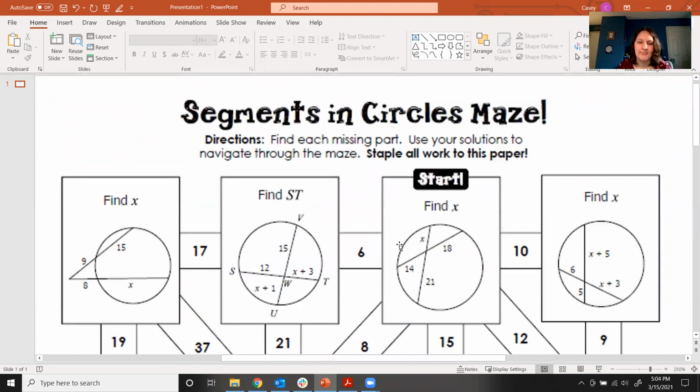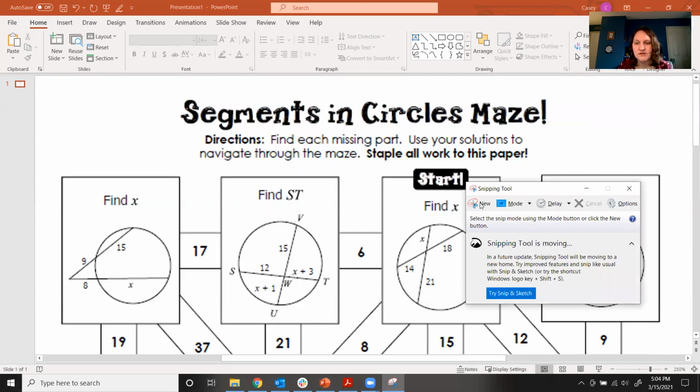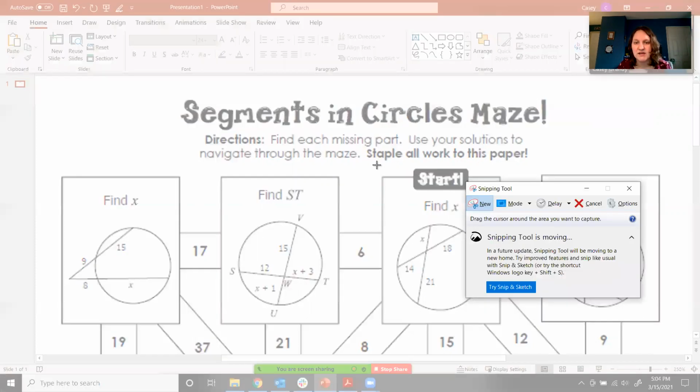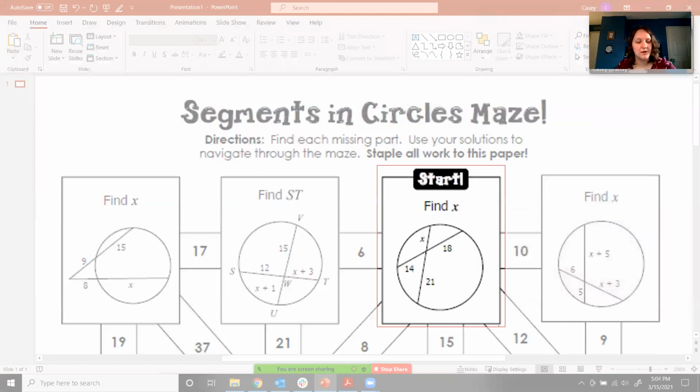Find x. When we want to solve a problem like this, we will use the relationship that we know about two chords that intersect inside of a circle. I'm going to take this onto a new slide so that we have more space to work.